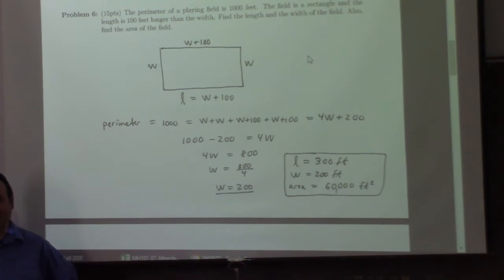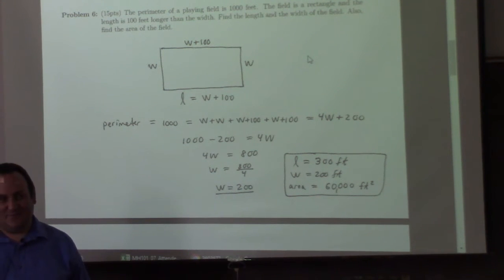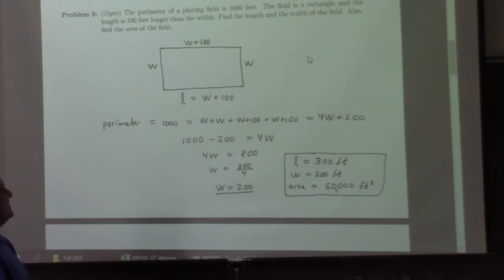If I had made the length like 97 feet longer or something, then you would have been in trouble. But because I made it 100, it's easy. So I had to respect it if you just used raw thinking to come up with the answer. I was annoyed at myself for letting that possibility happen.